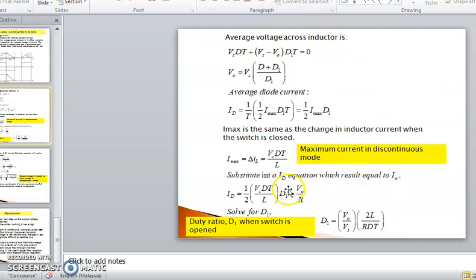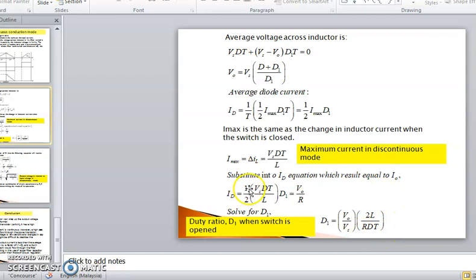When we substitute ID into the I max equation, we shall get, for D1, the duty ratio, D1 equal to V0 divided by Vs times 2L over R dt.